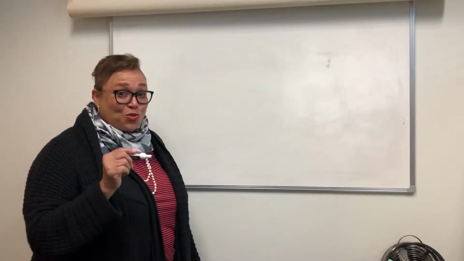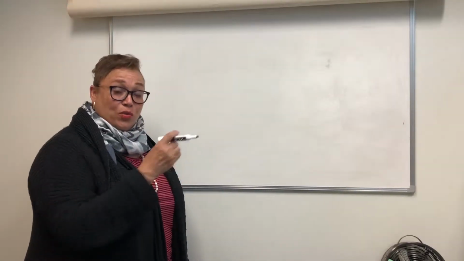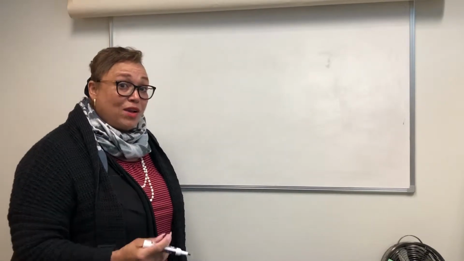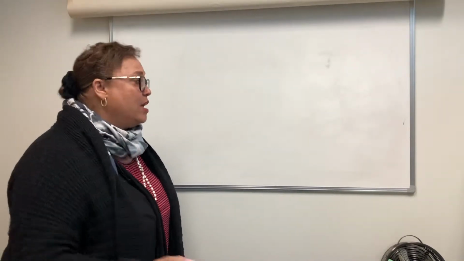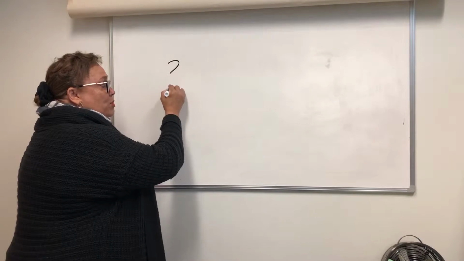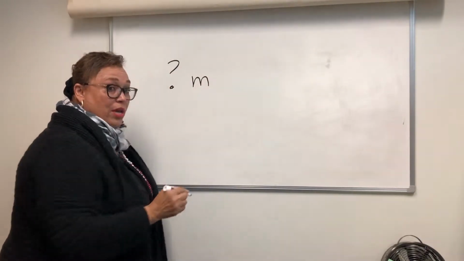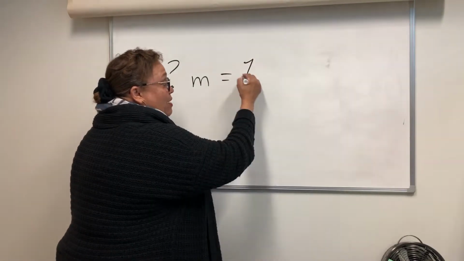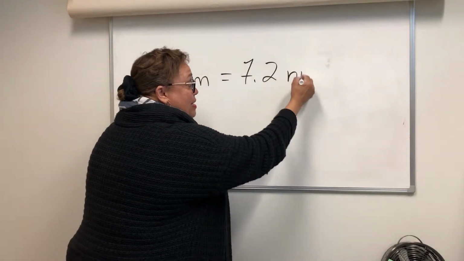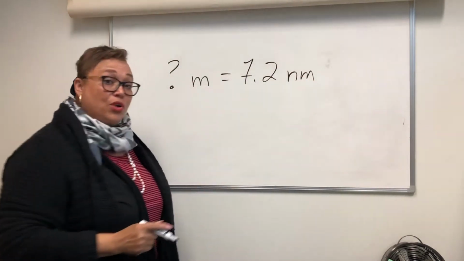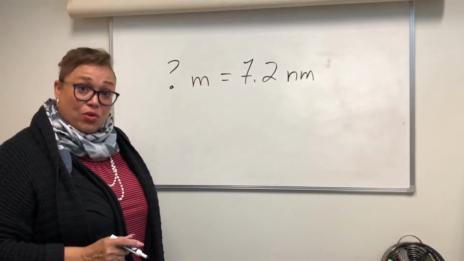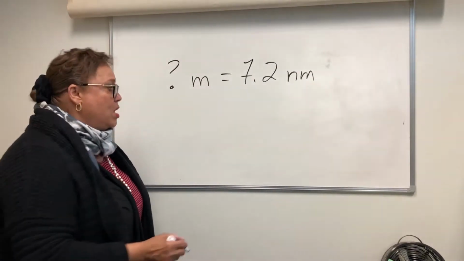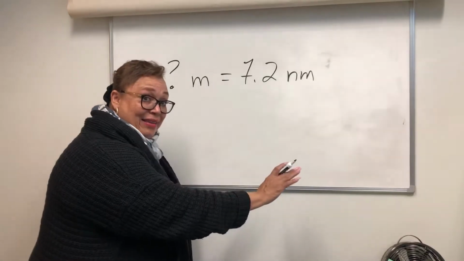Okay, guys, let's try this now on the board so that you can see it, because I was trying to get you to think about it in your mind. All right, so we said question mark meters, and you know an M is a meter, is equal to 7.2 nanometers. Now you know your SI prefixes and you know your SI prefix definitions. So we're going to make a path next.